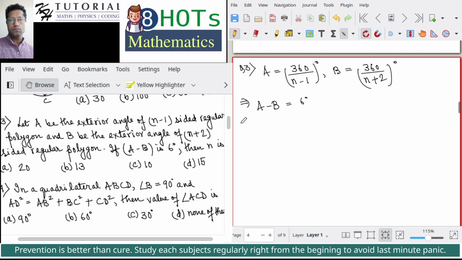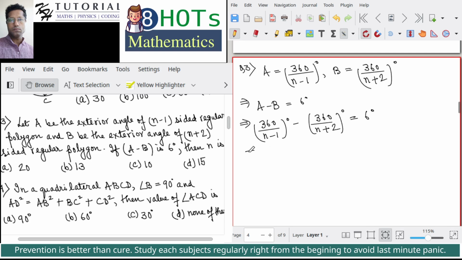So this implies that A minus B is equal to 6 degree. What is A? 360 by n minus 1 degree minus 360 divided by n plus 2 degree is equal to 6 degree.